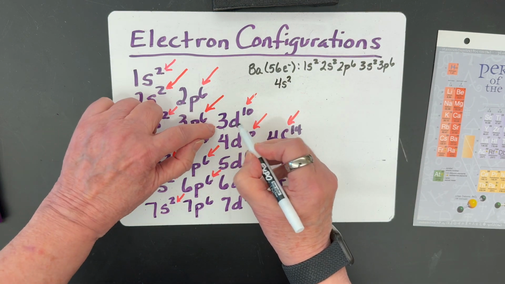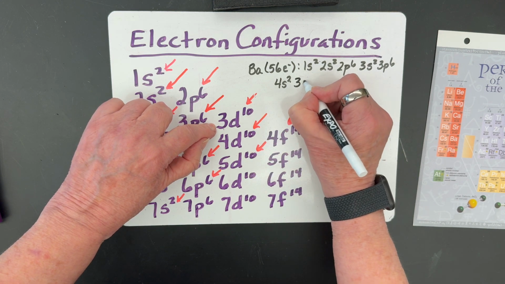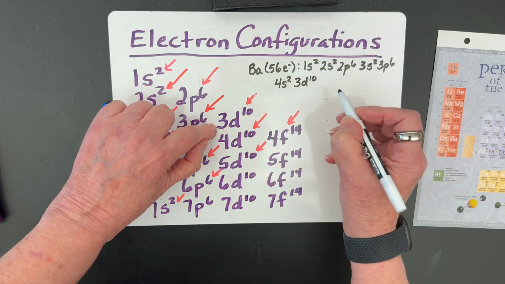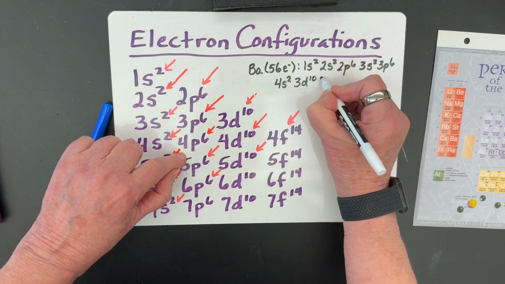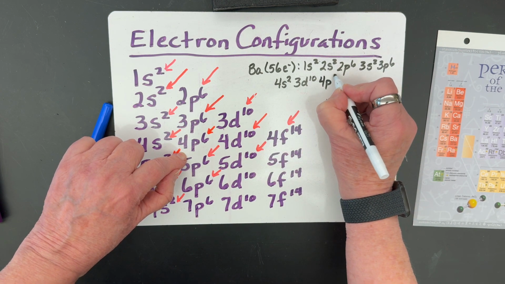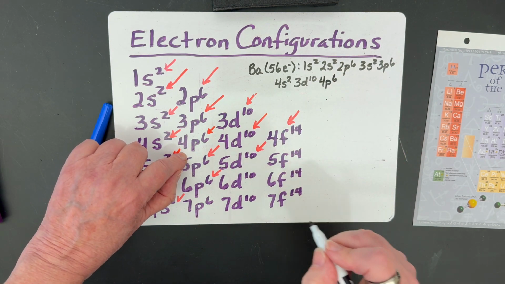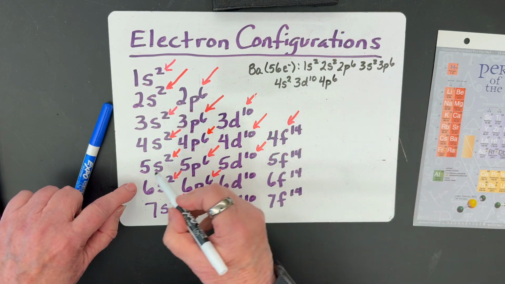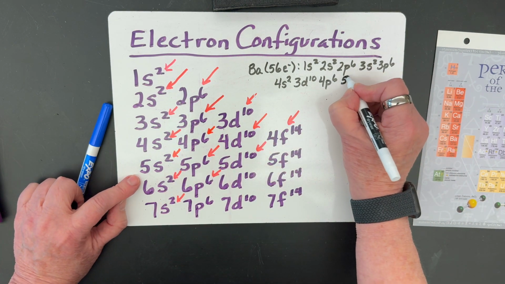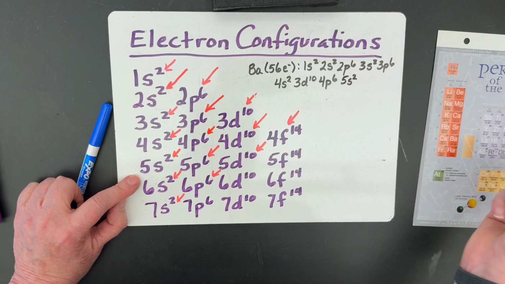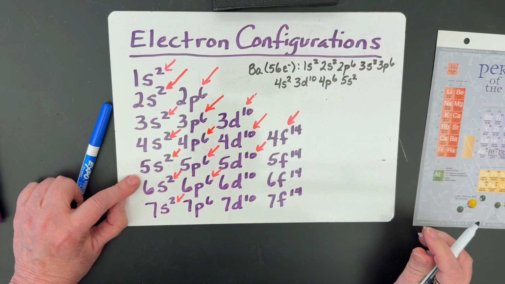Now 3d fills, that's 10. Then our 4p can hold up to 6. And then our 5s, s holds always 2. Notice all the s's have 2.